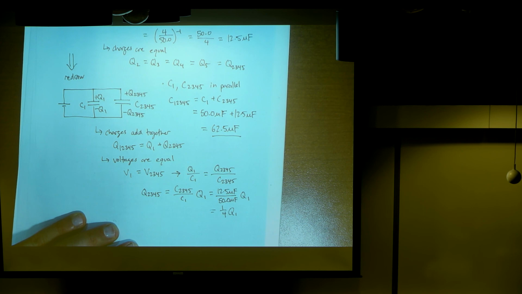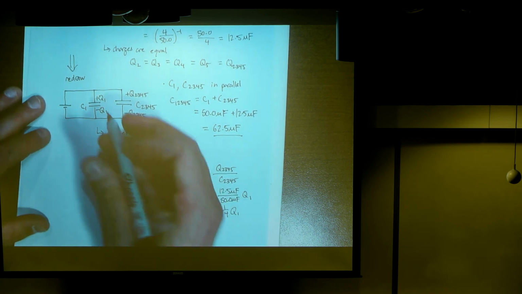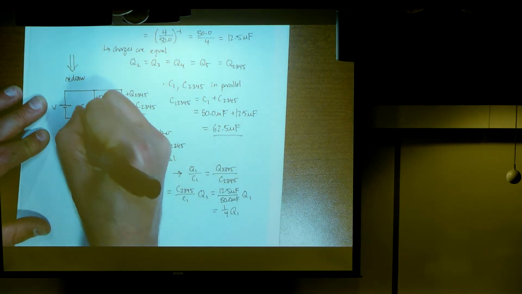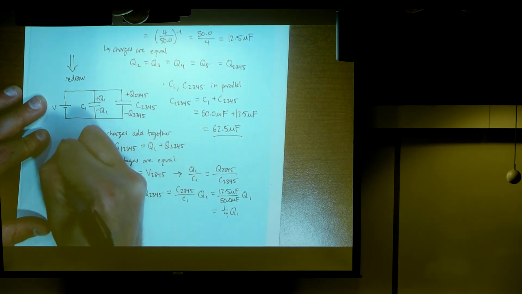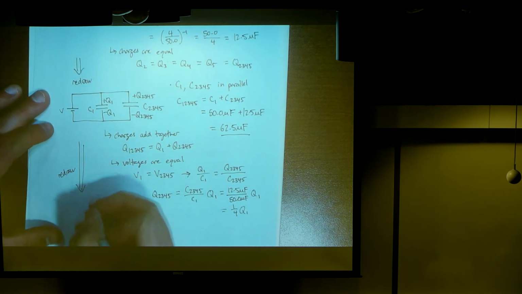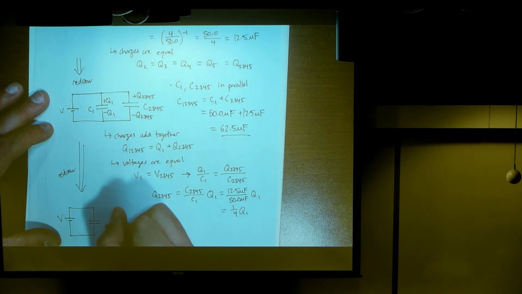Okay. So let's at this point just redraw the circuit one more time. So now we just have one battery connected to one capacitor, which is a pretty simple situation. C1, 2, 3, 4, 5 with charge Q1, 2, 3, 4, 5 on it, plus and minus.